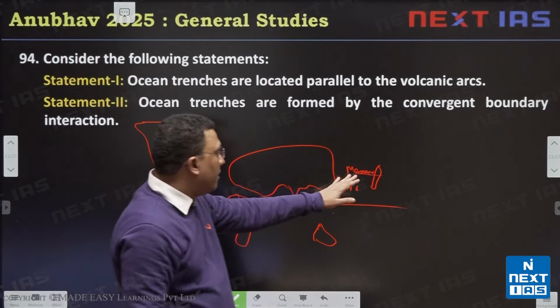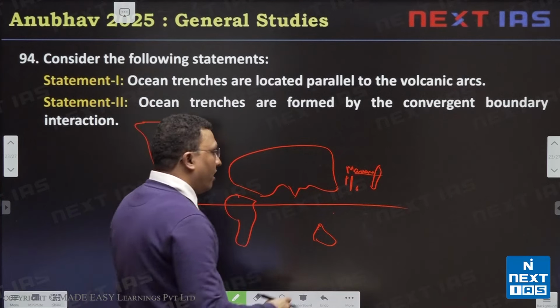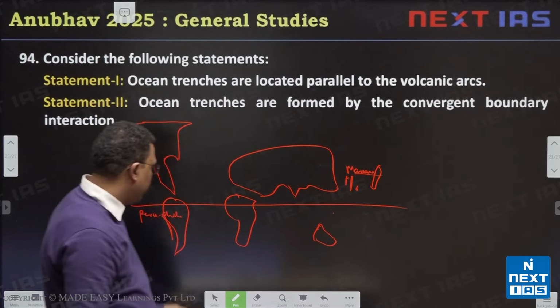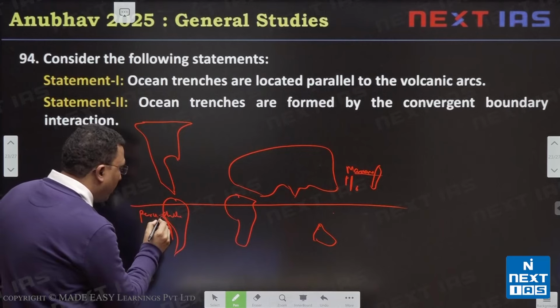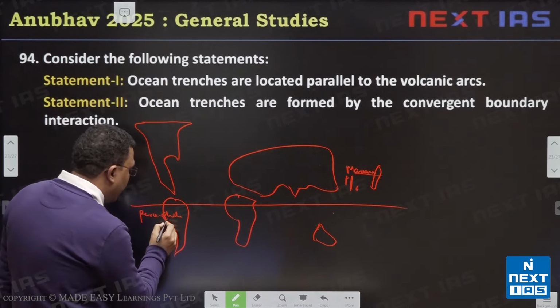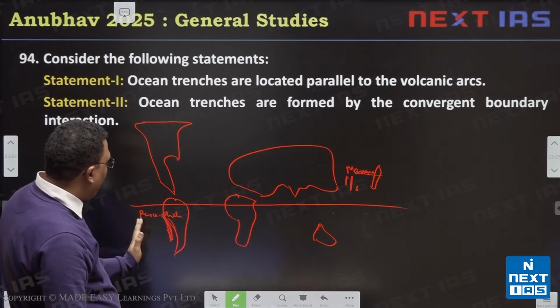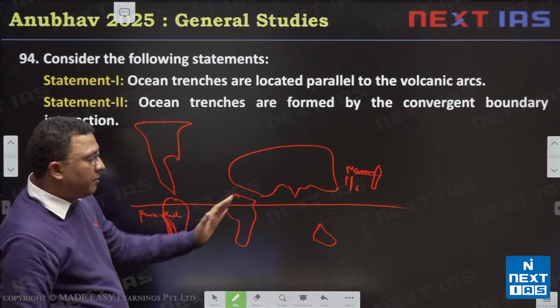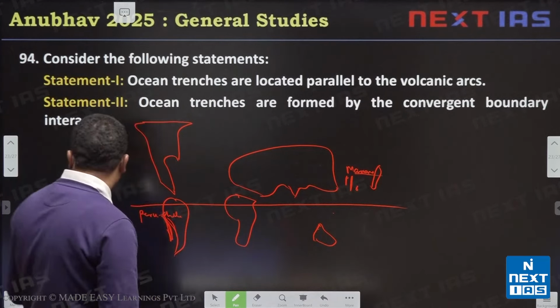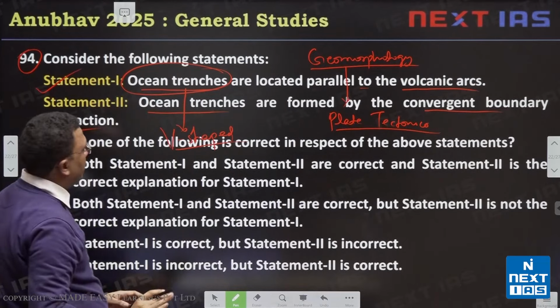For example, along Mariana Trench, there is a volcanic arc called Mariana Volcanic Arc. Likewise, along this Peru-Chile Trench, there is a volcanic arc called Andes Volcanic Arc. So basically, all the ocean trenches are located parallel to volcanic arcs. So that means our first statement is correct, right?